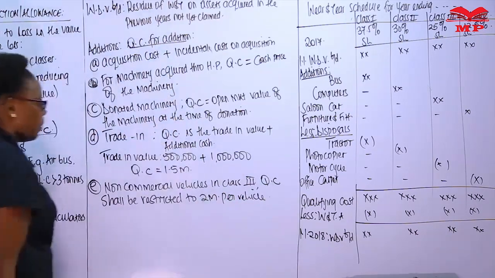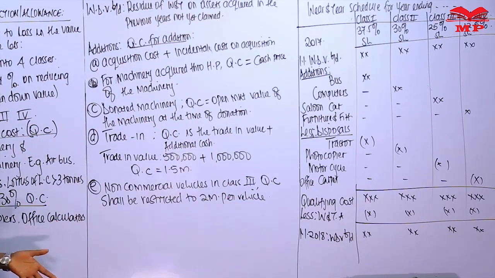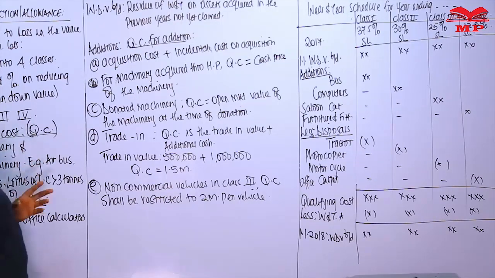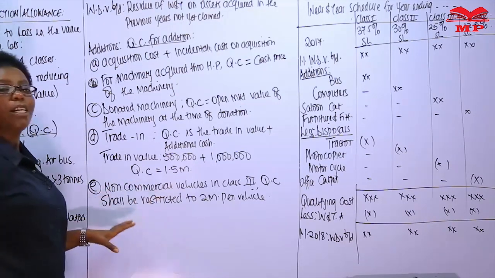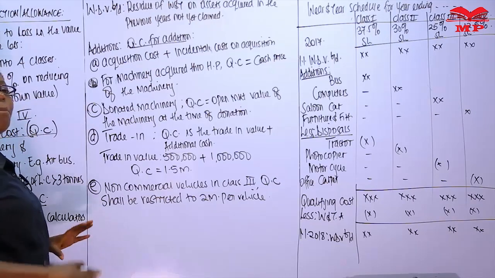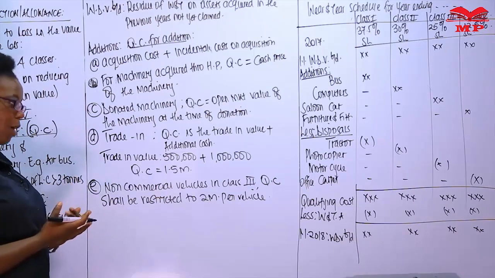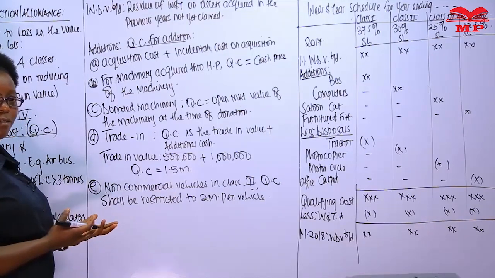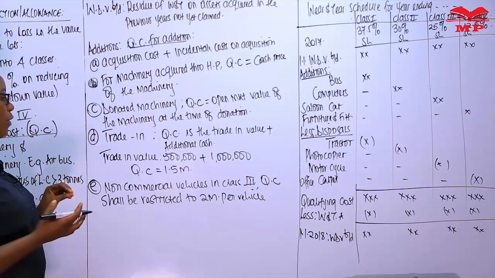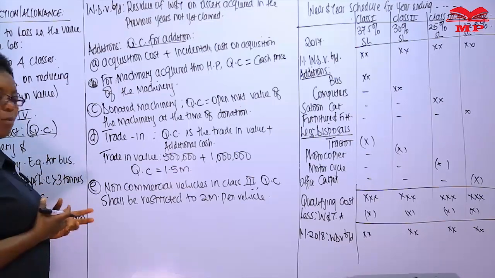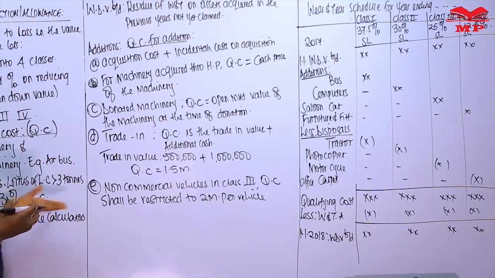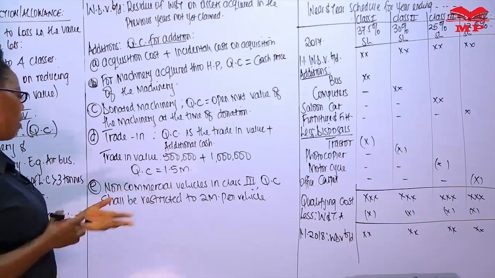So what we need to explain is what is a commercial vehicle and what is a non-commercial vehicle. According to the Act, a commercial vehicle is a vehicle that has been made in a way as to carry load, for example, a van, while a non-commercial vehicle is not necessarily meant for business. A PSV is also a commercial vehicle.